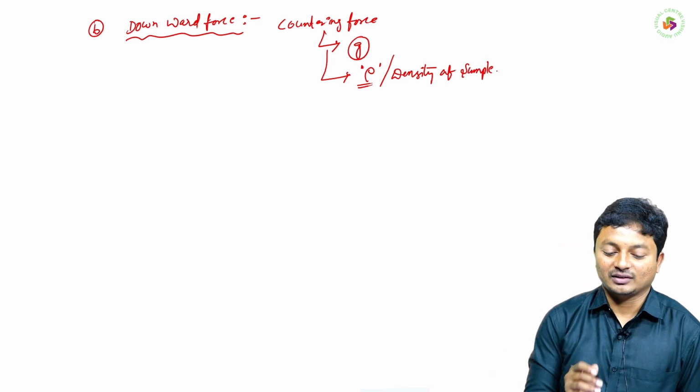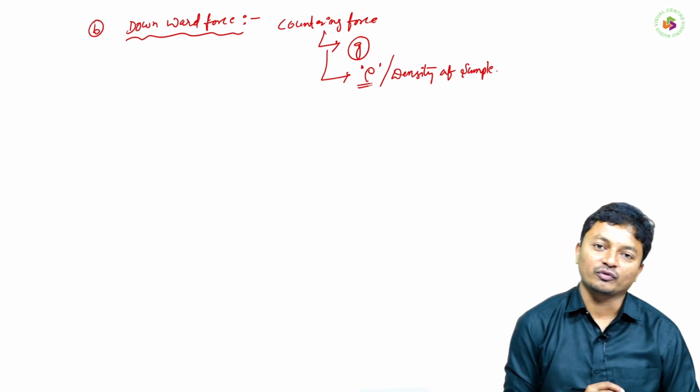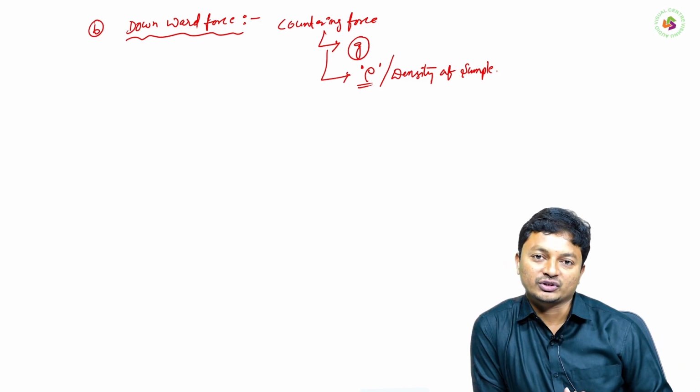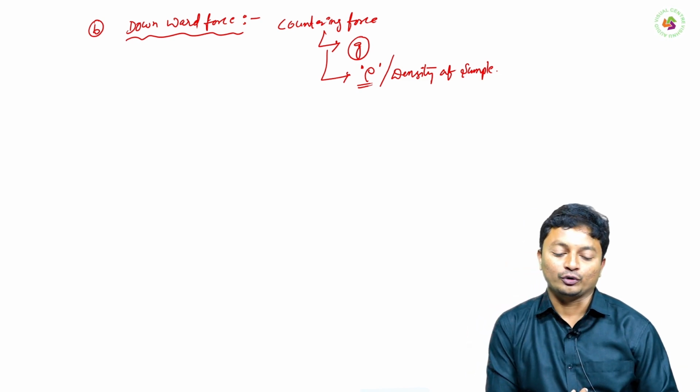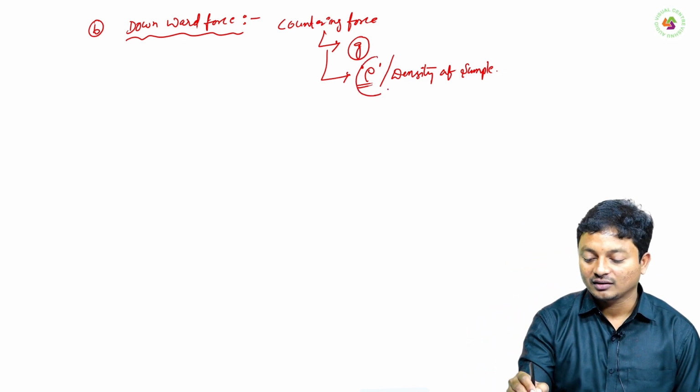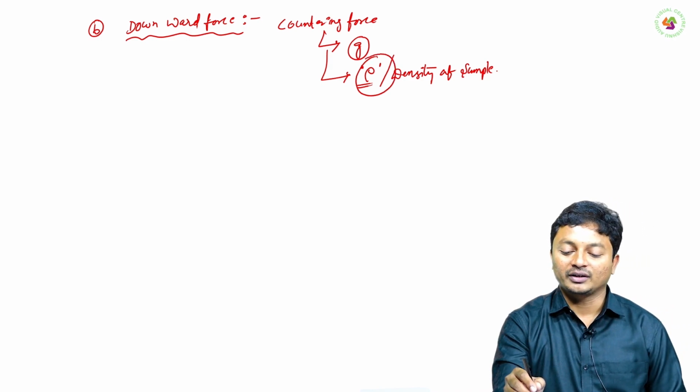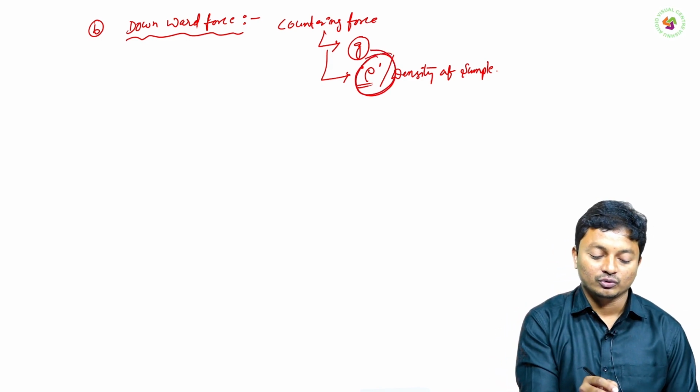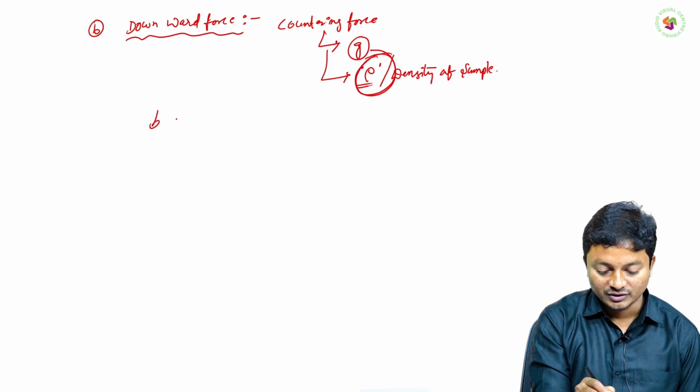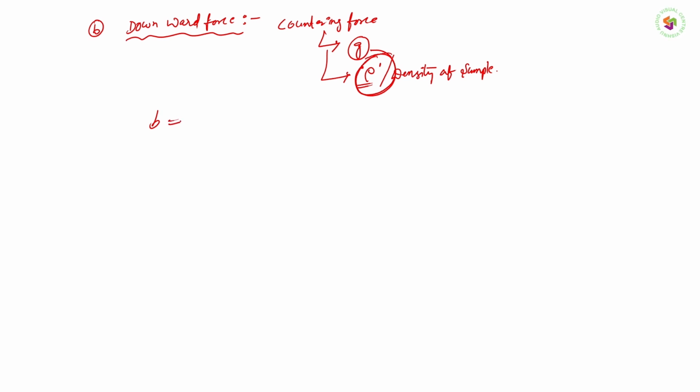Now let us go into detail about this downward force where the countering force is acting in the capillary tube. As the countering force depends on the density of the sample, the force is mass into gravity.